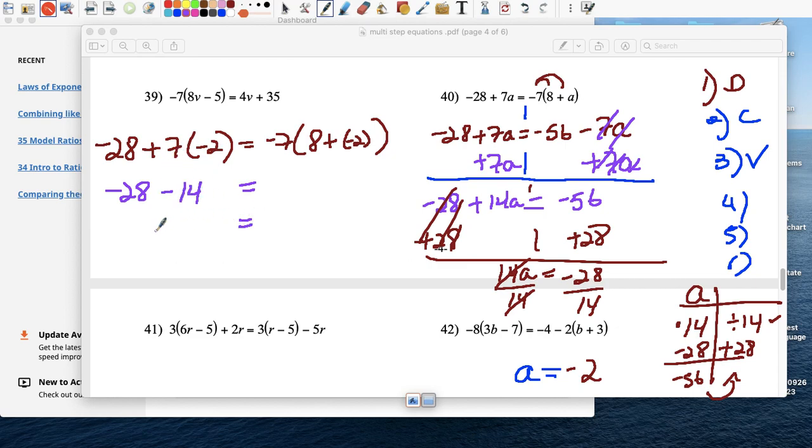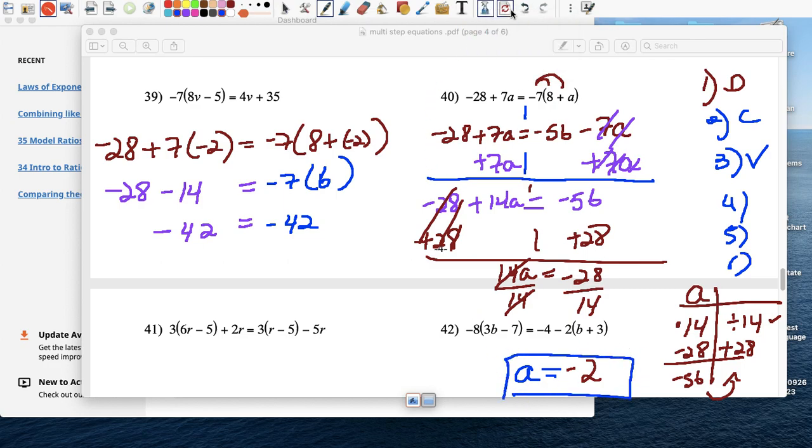On the left side, it looks like I have negative 42. So on the right side, as long as I have that, I'll be okay. Negative 7, inside the parentheses, 8 plus negative 2, which is 6. And then negative 7 times positive 6 is indeed negative 42. So my solution, a equals negative 2, was correct.